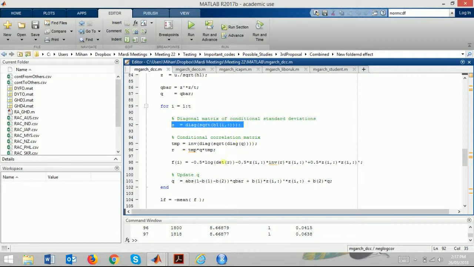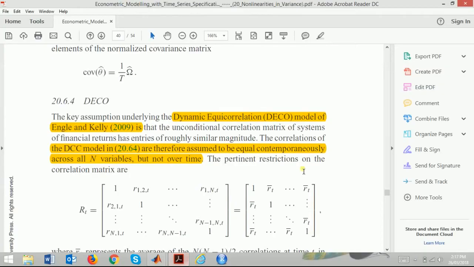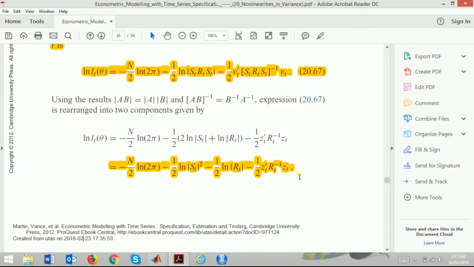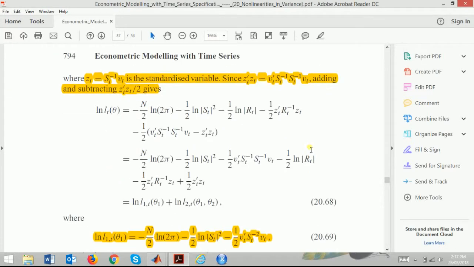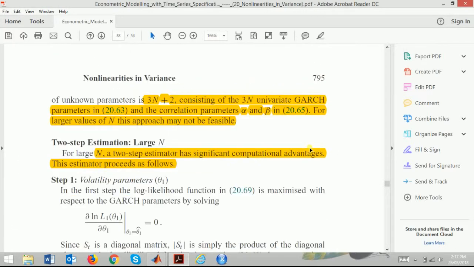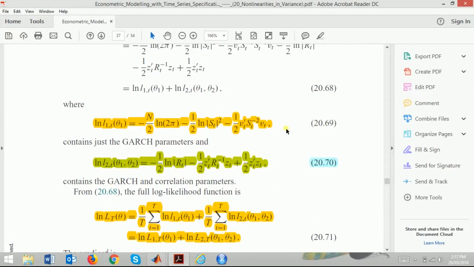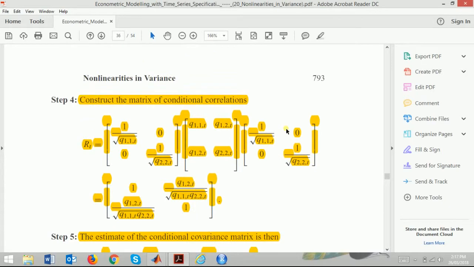Then we use S. Well, q is q bar, and ZZ transpose divided by T. We have used them already. ZZ transpose, we have gone through that. There you go. This is coming from this equation. ZZ transpose divided by T is q bar, right? So let's go into q bar.